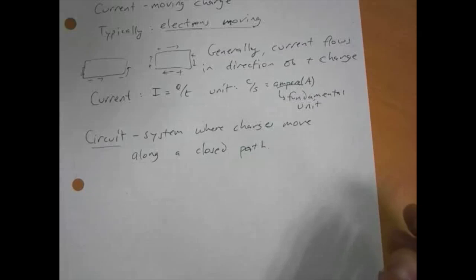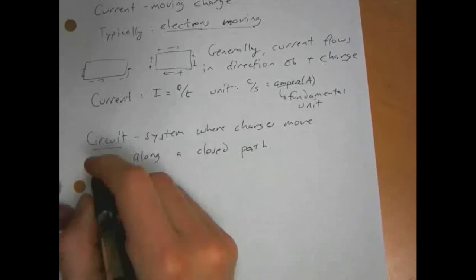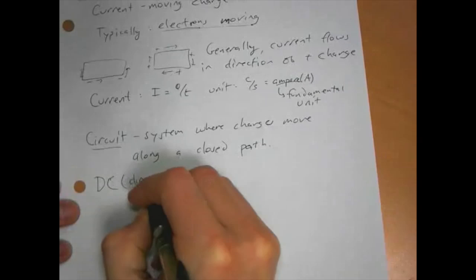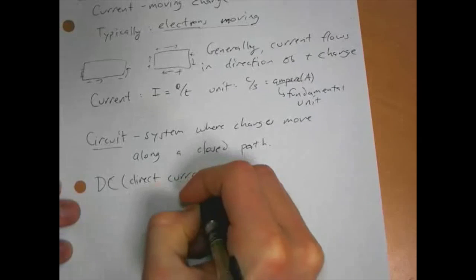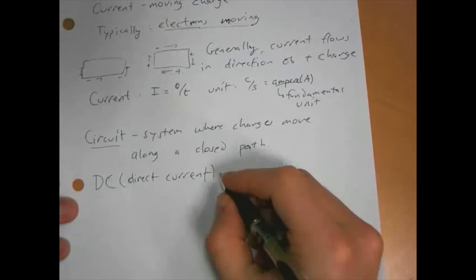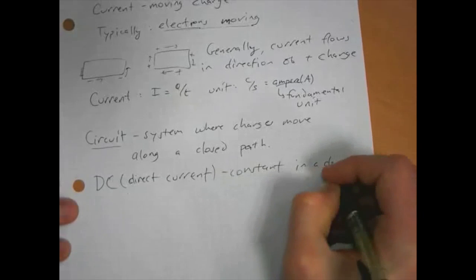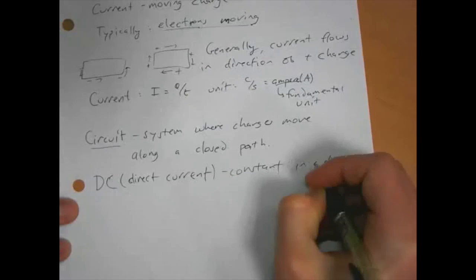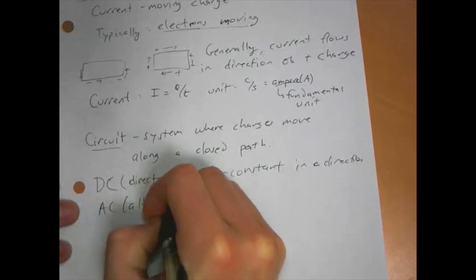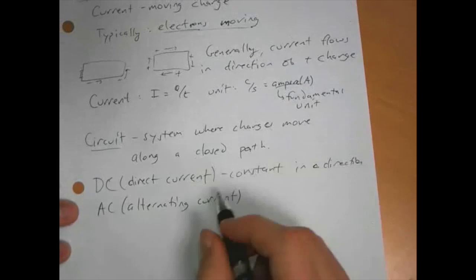And there are two types of current that can flow in circuits. There's DC, which stands for direct current, not District of Columbia, at least not here, where there's constant current in a direction, and then there is also alternating current, which means that the current alternates direction.